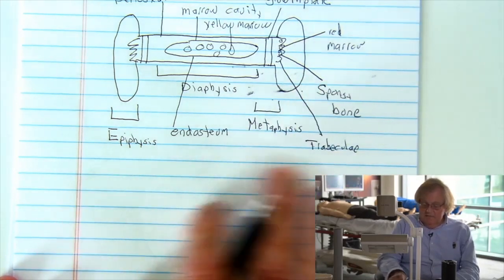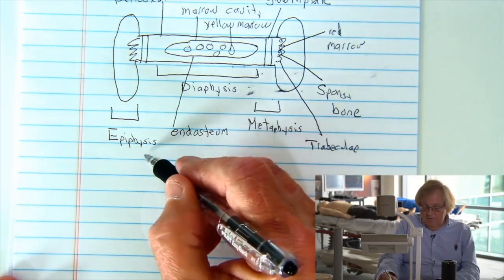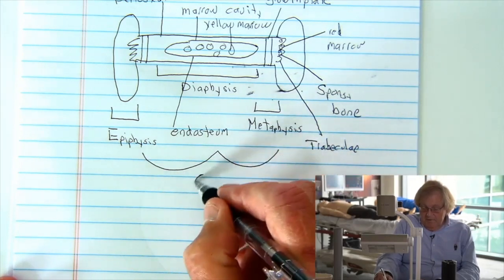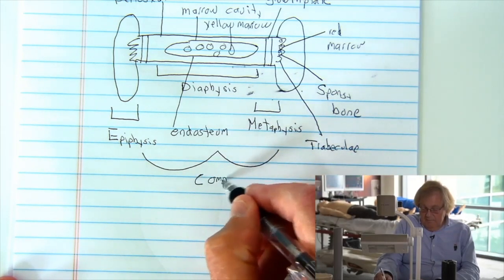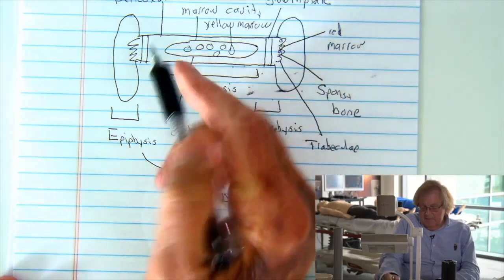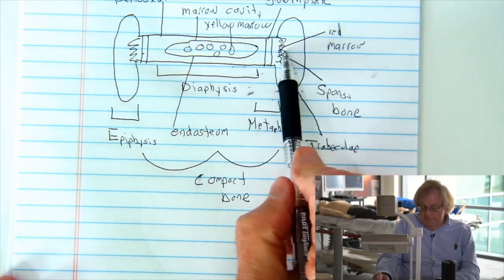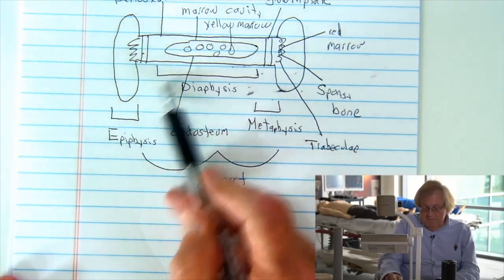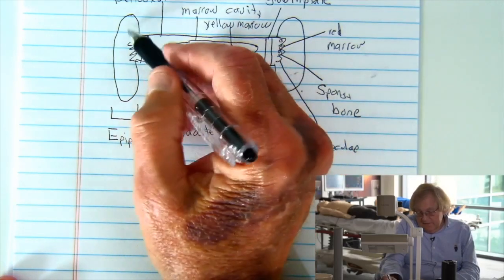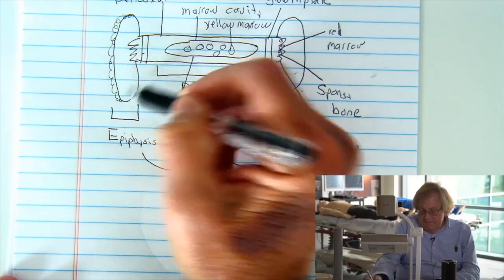So think of the majority of the bone as compact bone. This region here would mainly be compact bone. Then we'd have some spongy bone in this region, and then we'd be surrounded again by some more compact bone. And what's significant is what's going to cover the epiphysis.